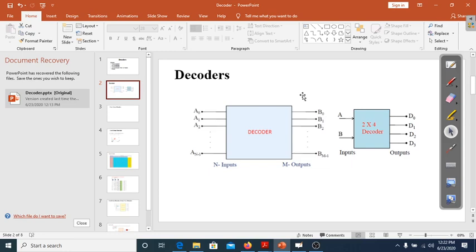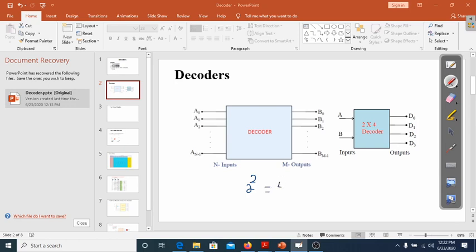Okay, for example, if suppose we have 2 inputs, 2 binary bits, then 2 raised to power 2 would be equal to 4. There would be the 4 output lines.